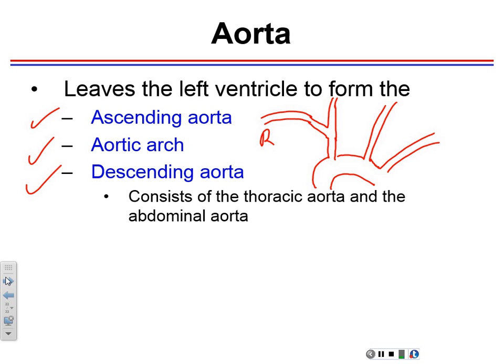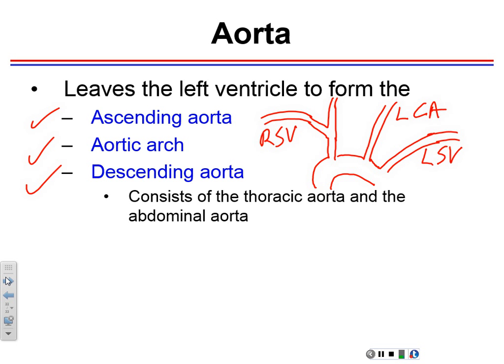So this is the right subclavian under the clavicle. This is the left subclavian, and this is the left carotid artery. I'll show you a picture in a while, don't worry. In the human, that's what happens. It's kind of different in the cat, you'll see.